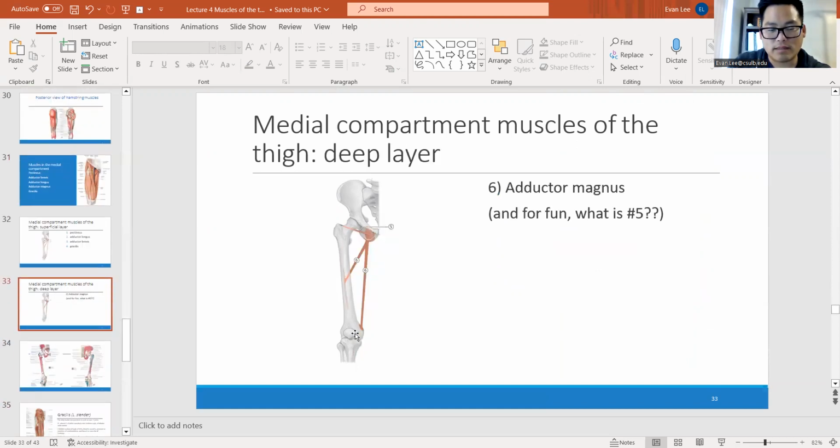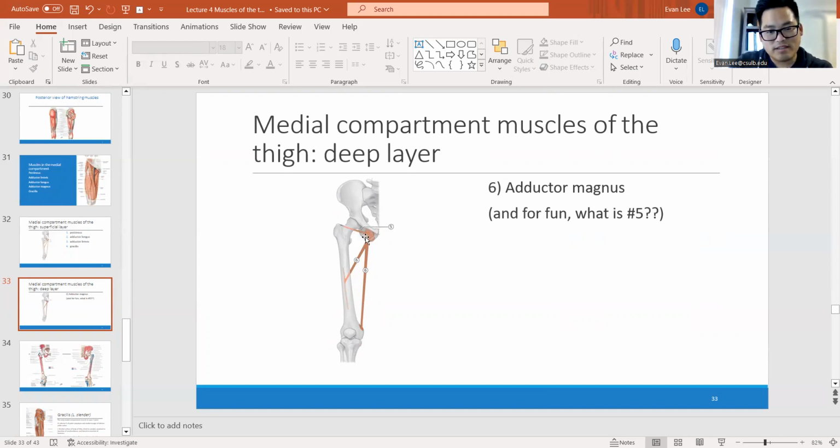And then the adductor magnus is actually a really big muscle, which goes to two regions of the femur, one at a more diagonal adductor angle, and then one at a more longitudinal angle, which I guess is akin to a hamstring.